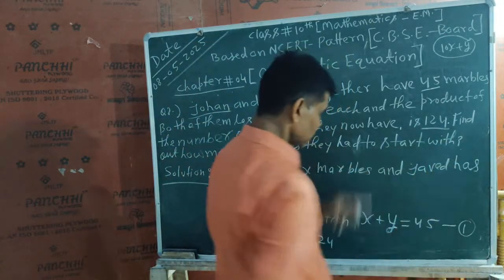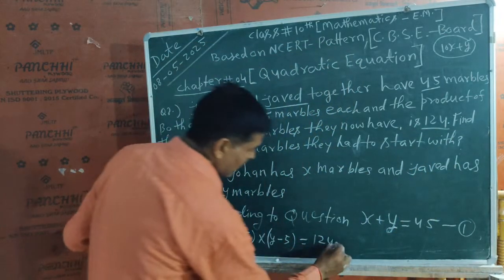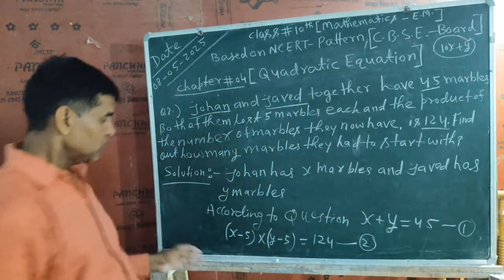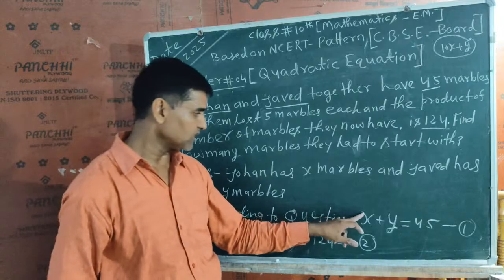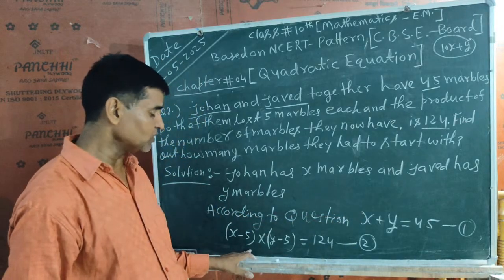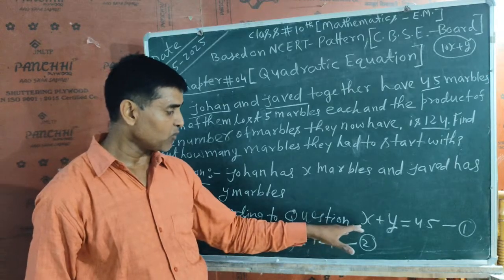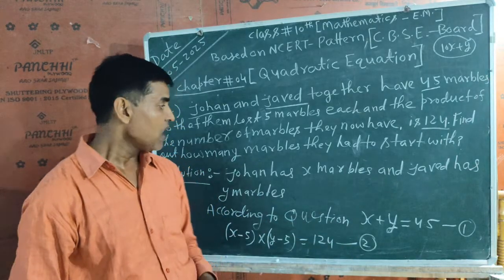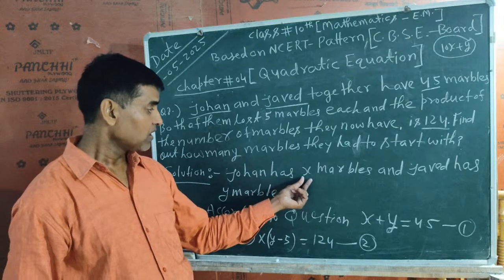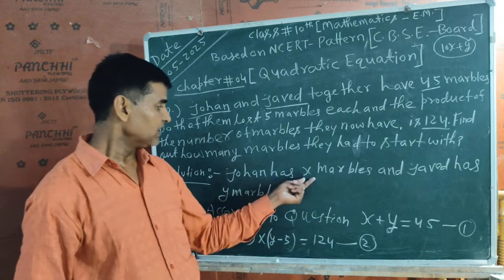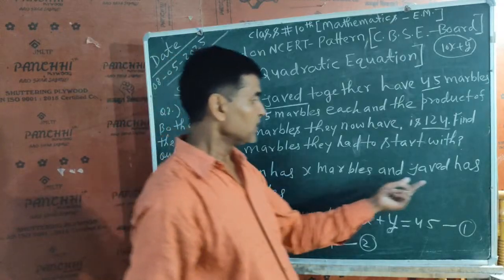Okay student, so according to the information I have written two equations. With the help of equation number 1 and equation number 2, we will solve, and after solving we will get the value of x and y, which is how many marbles Johan had and how many Javed had.